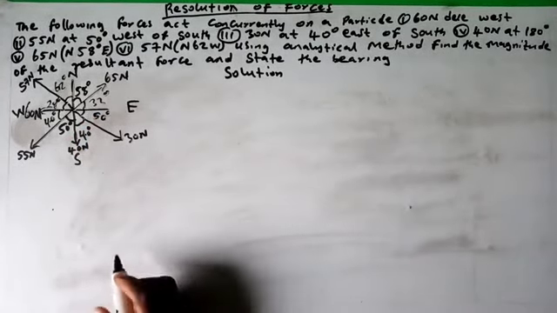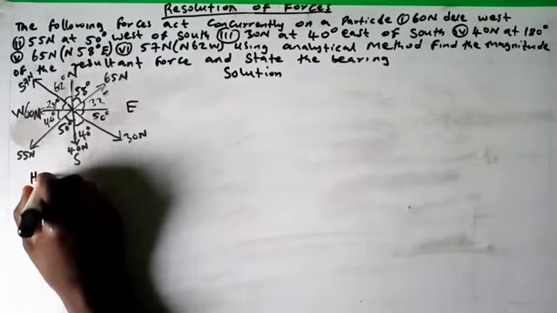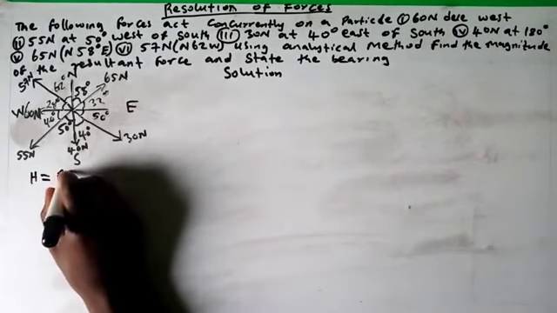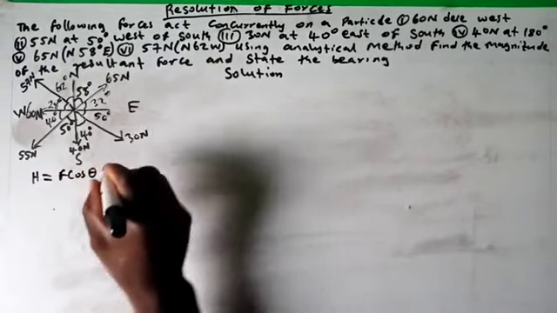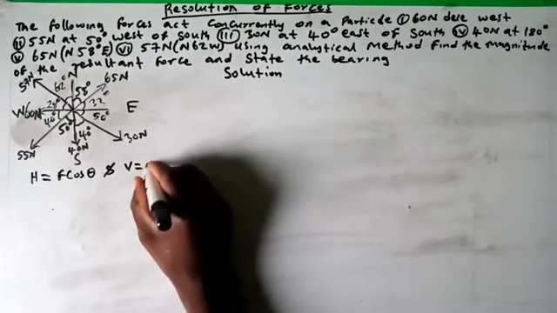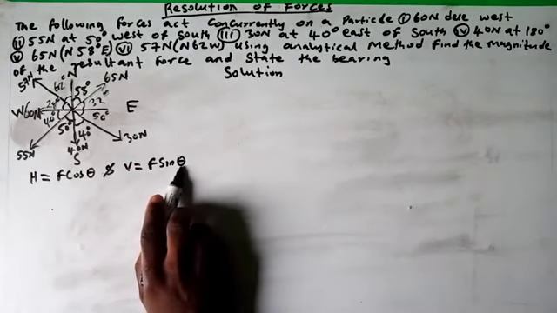So to resolve this, we say that our H, which is horizontal component, is equal to F cos theta, and our V, which is vertical component, is equal to F sine theta, where theta is the angle of inclination of each force with the horizontal.